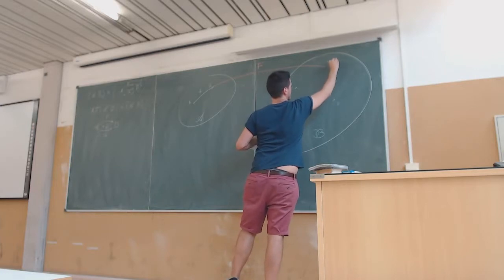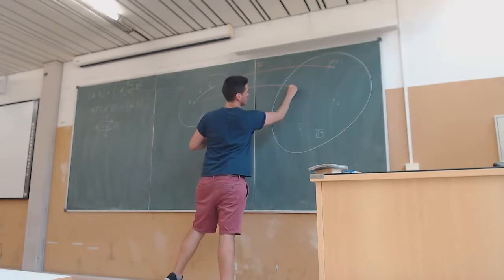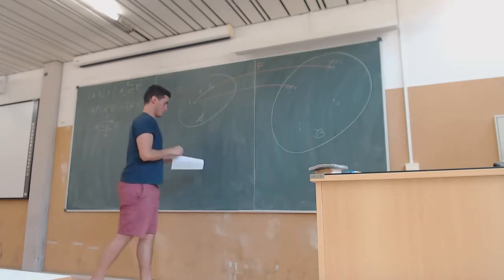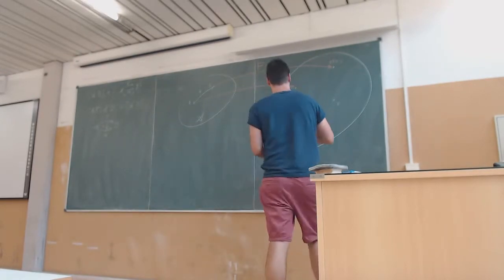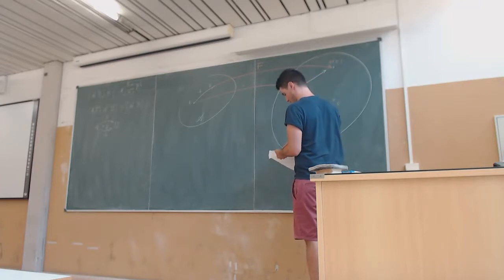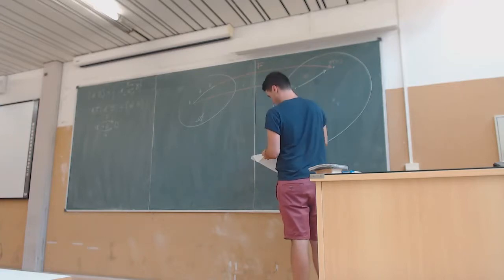This is the image under F of B, and this is the image under F of A. And of course, we also have the arrows themselves being mapped by the functor. This is the image of the arrow f under the functor F.